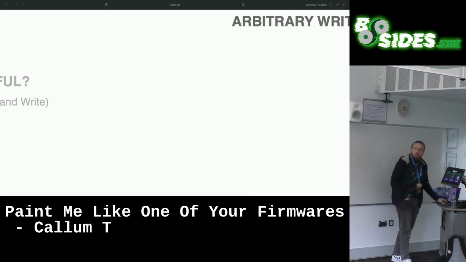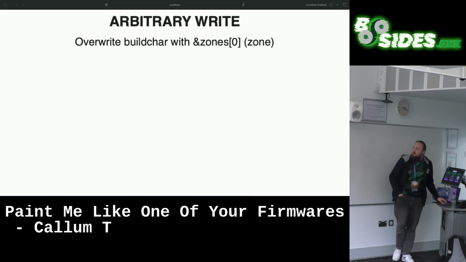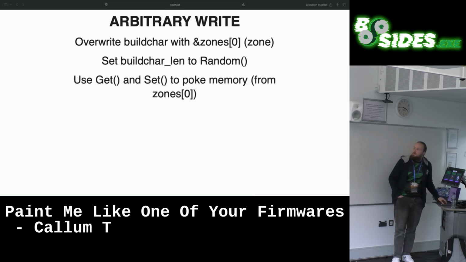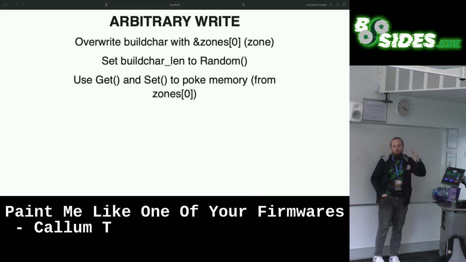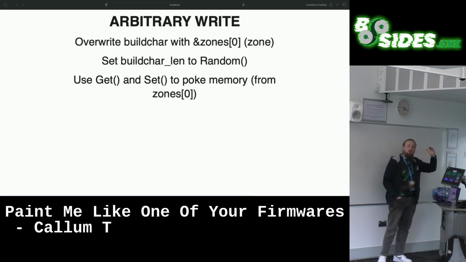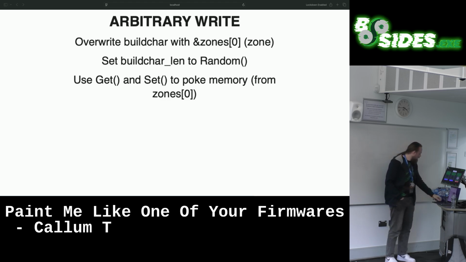But what we can do is turn this into an arbitrary read-write, because if we overwrite build chart and change the length to something random, then we essentially have the ability to poke and peek any memory relative to that zones. So we can edit anything after that first element of the zones field, which includes that build chart field.